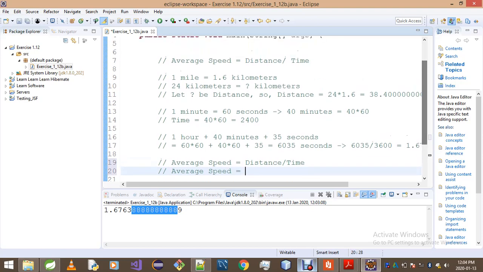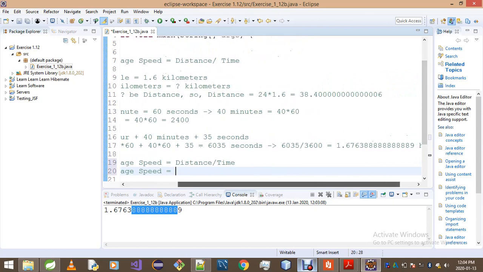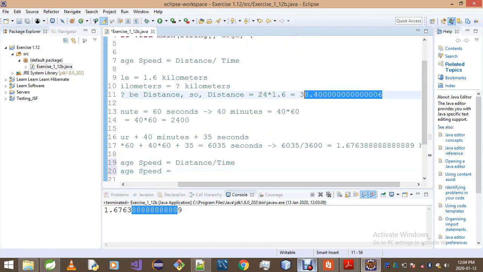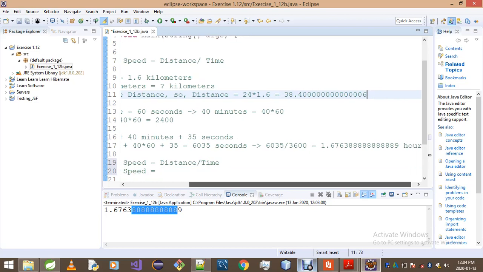Our distance is actually this number here. In what? In kilometers.